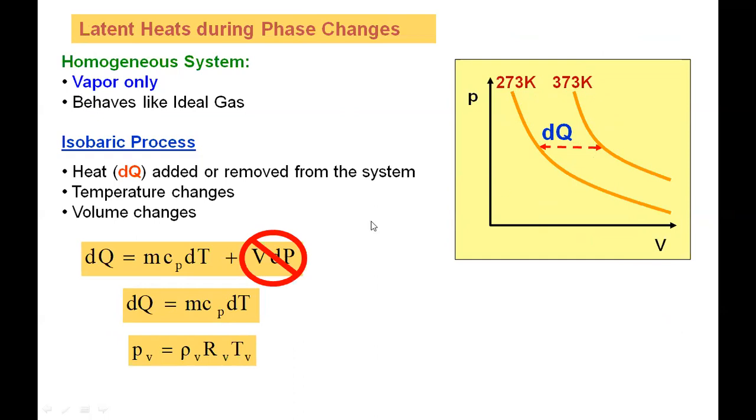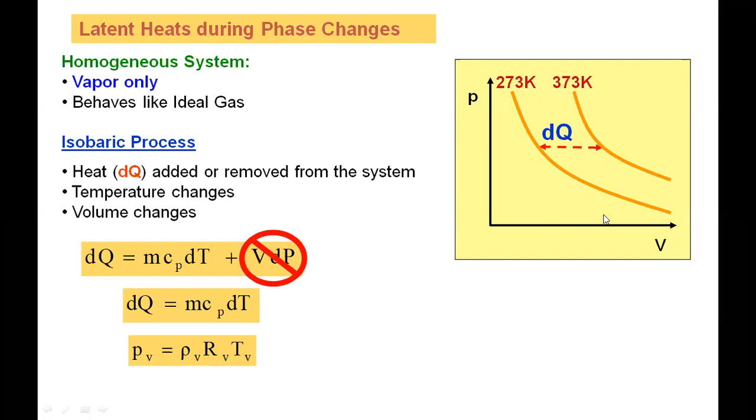Isobaric process, heat dQ added or removed from the system. In this case, the temperature will change and also the volume changes. So we can see that 273 Kelvin changes to 373 Kelvin and also the volume at this point changes to the volume at this point.